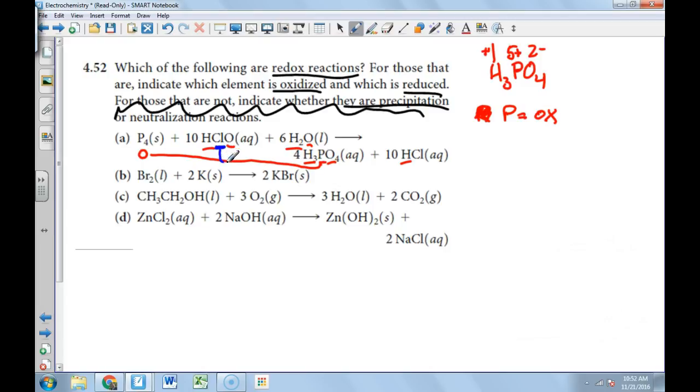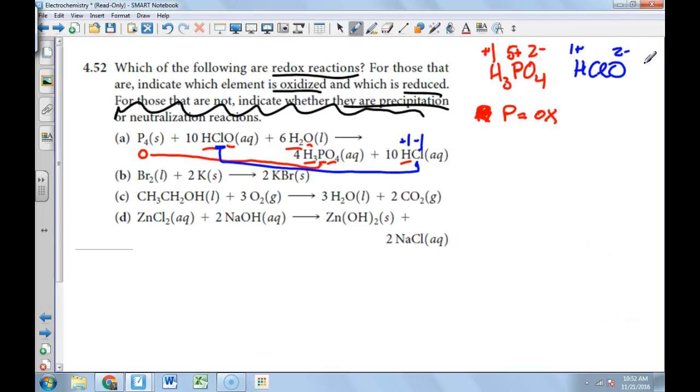Chlorine is here and here, so let's compare. This one's a little easier to do, so hydrogen is 1+, and because this is 1+, chlorine must be 1-. So here is -1, and then in HClO, H is 1+, and O is 2-.